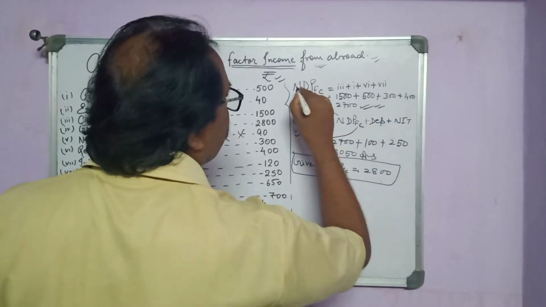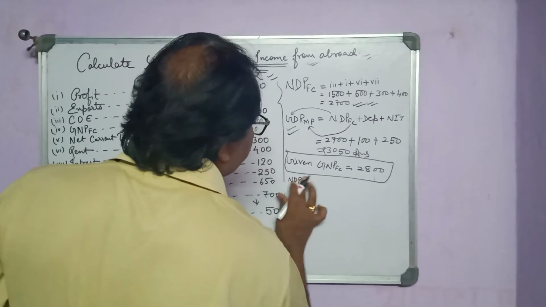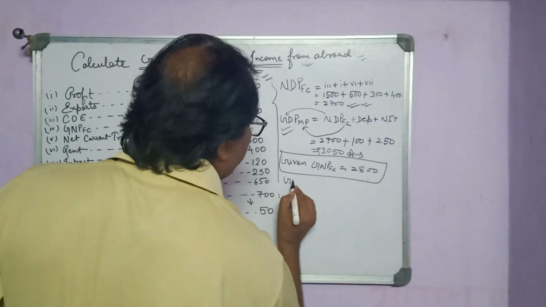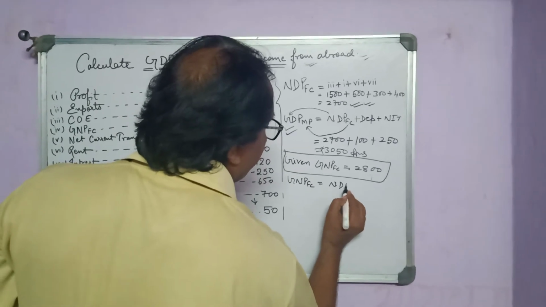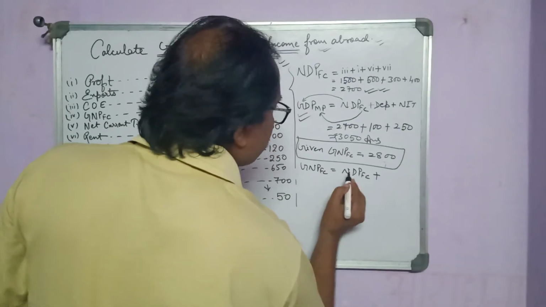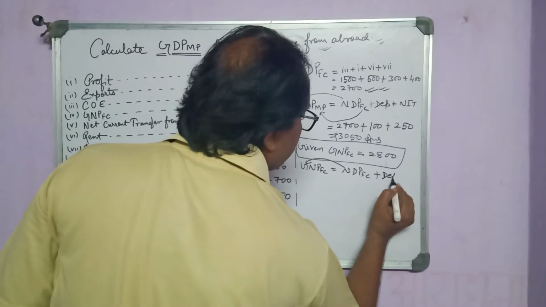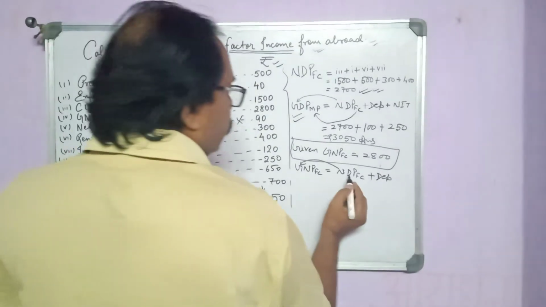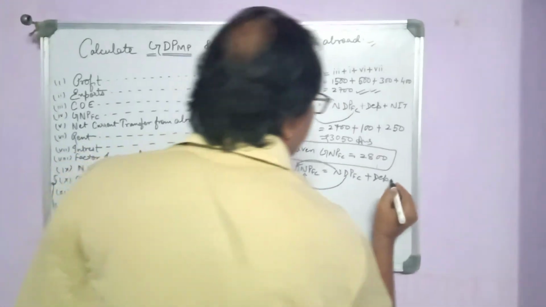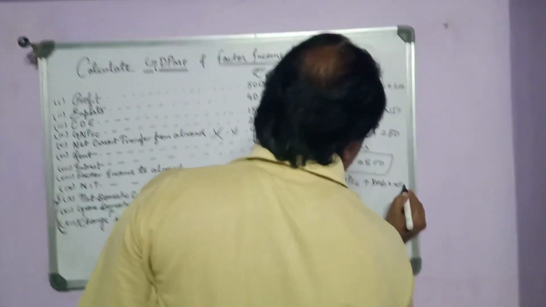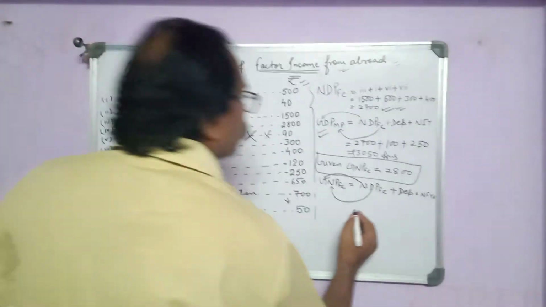We have already calculated NDPFC. So GNPFC is equal to NDPFC plus depreciation, since N is converted into G by adding depreciation. Now domestic will be converted into national by adding NFIA, net factor income from abroad.